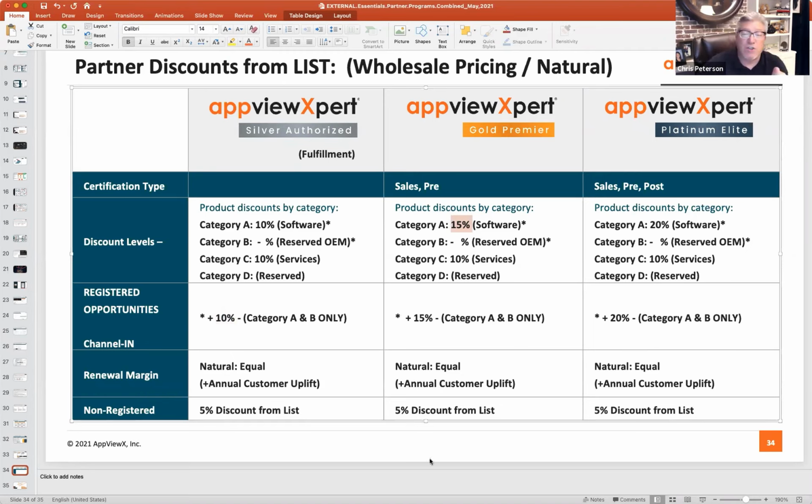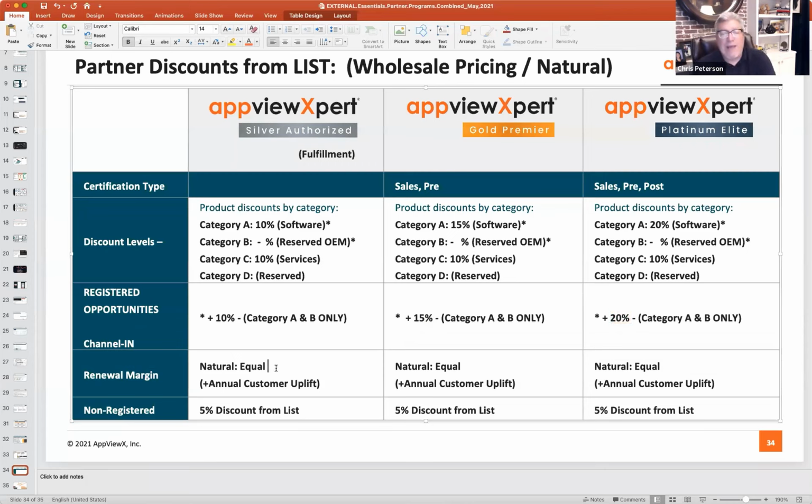But when it's registered to you, you brought the opportunity to us, add 15 points to that for a total of 30 points off. And then if you're a Platinum Elite partner, it's 20 plus 20 for a total 40 points of discount on a registered opportunity.